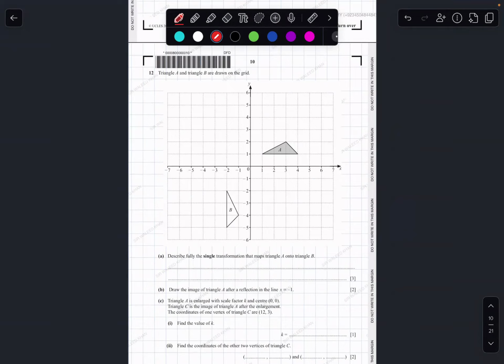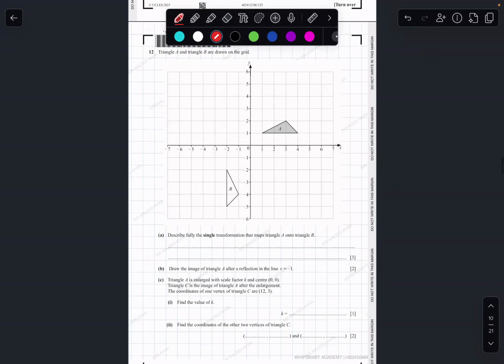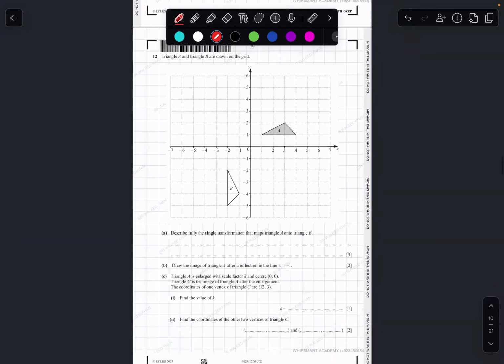Switch on your camera. Are you done? I'm giving you exactly, let's say, 4 minutes, 3 minutes. Okay. Chalo, 4 minutes. Work it out.